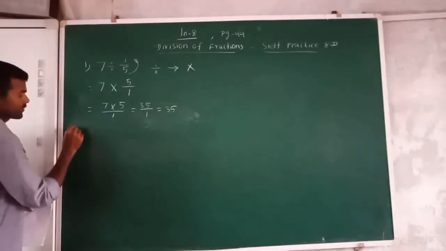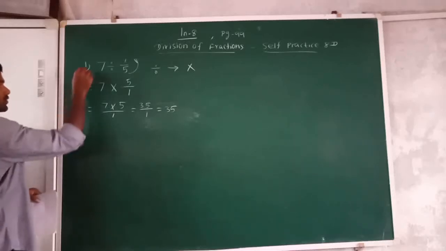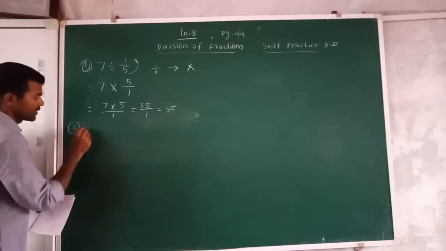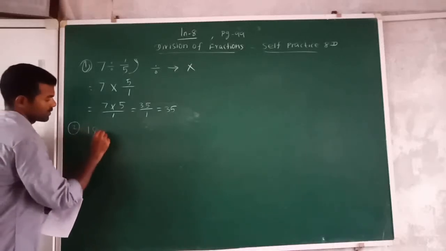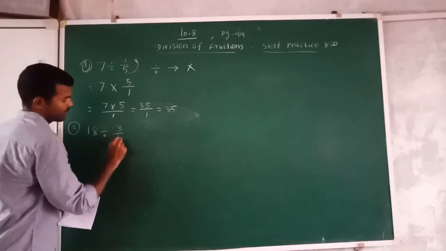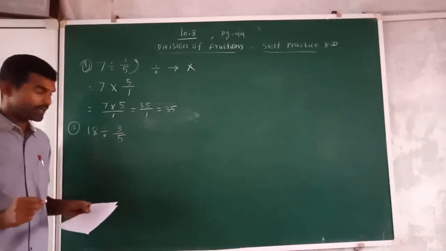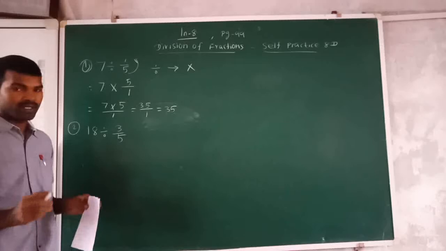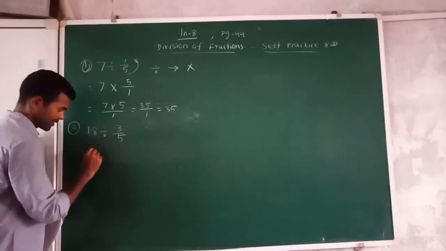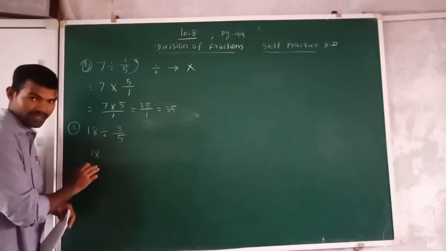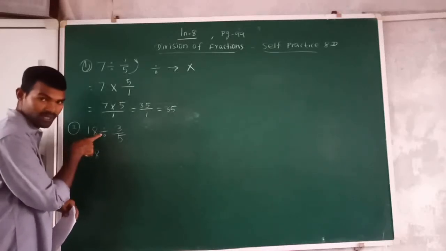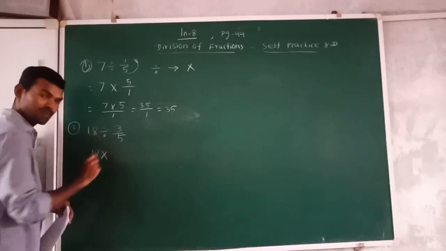Now let us see question number 2. 18 divided by 3 by 5. Just the same concept. First number, write as it is. Afterwards, change the division symbol into multiplication.